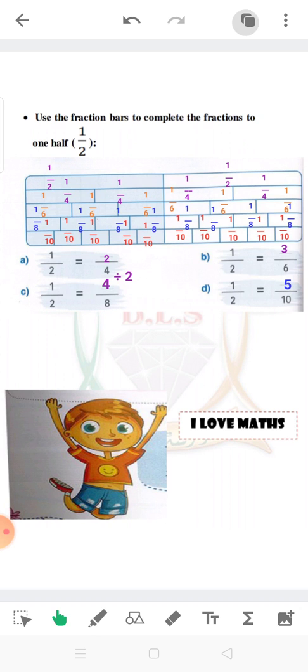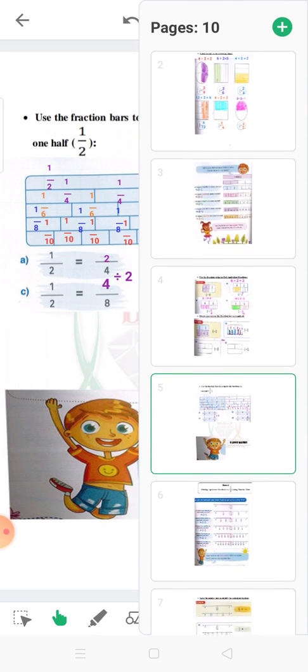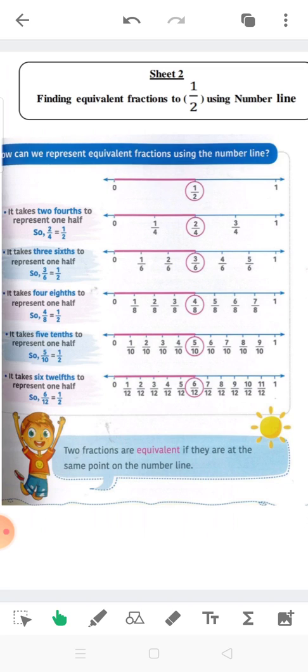Okay, let's see the next one. Finding equivalent fractions to a half using the number line. This is the number line, and we have the benchmarks, and we cut it into 2 equal parts. This is a half, and it takes 2/4 to represent a half.